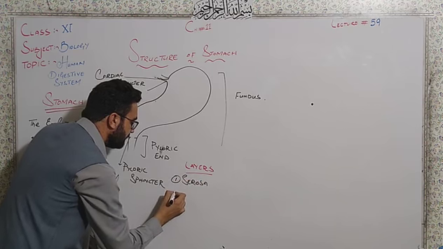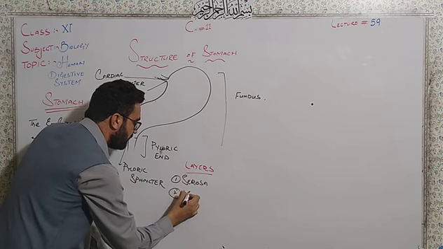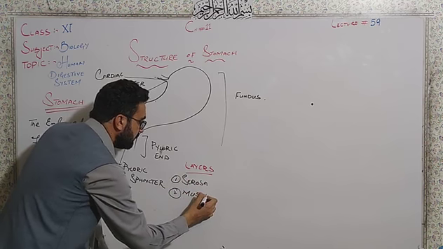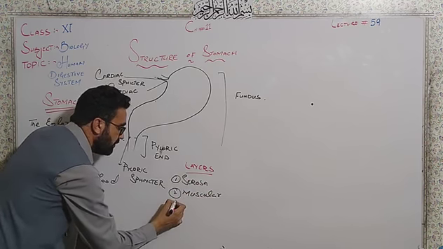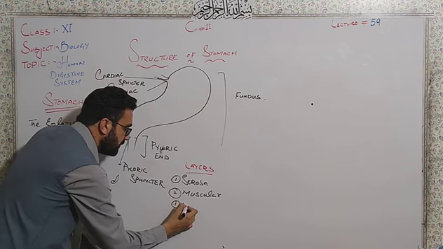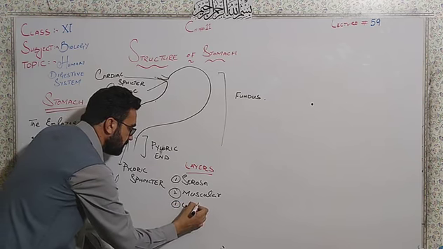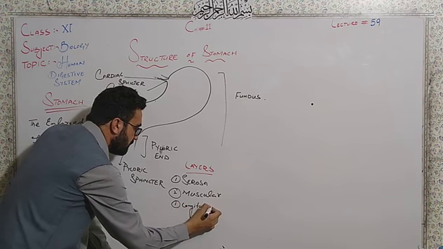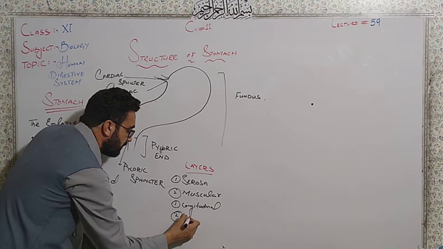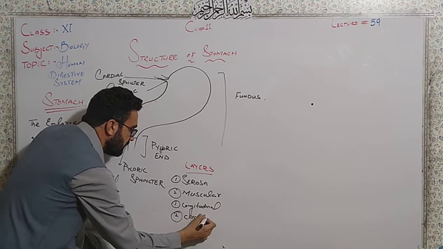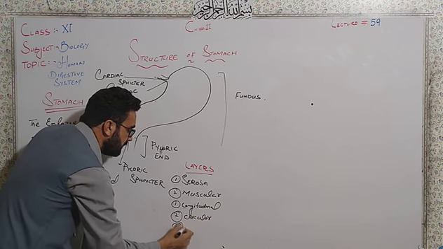Then the muscular layer, which is subdivided into 3 main parts: the outer longitudinal, the second one circular, and the third one oblique.